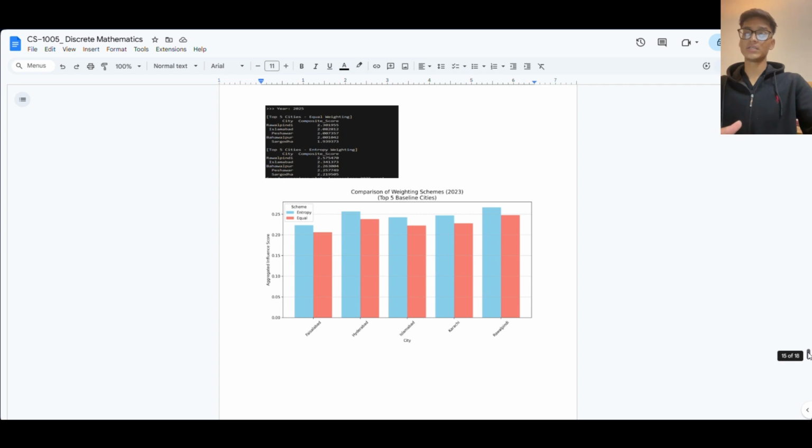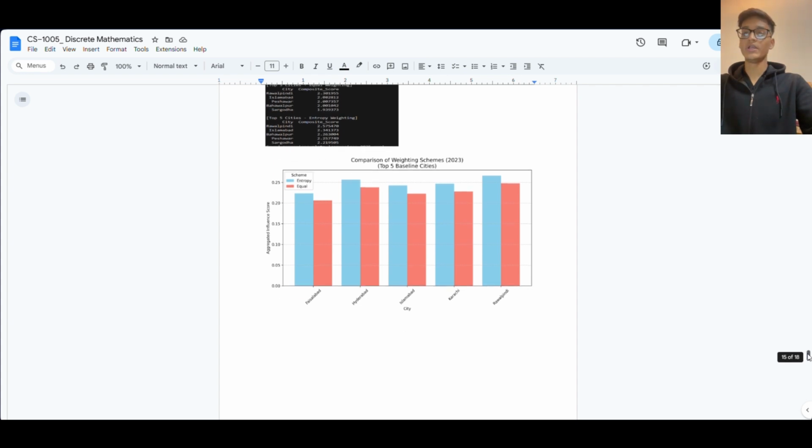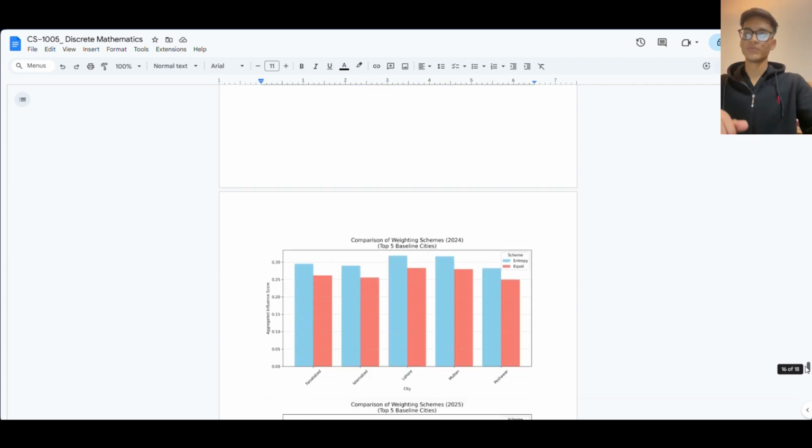This comparison helps us identify which cities consistently shape Pakistan's price behavior, which cities' influence changes depending on the weighting method, and whether the network is dominated by major urban centers or evenly distributed. Overall, the rankings reveal the key hubs in Pakistan's CPI structure, meaning cities whose price movements most closely align with the nationwide trends.